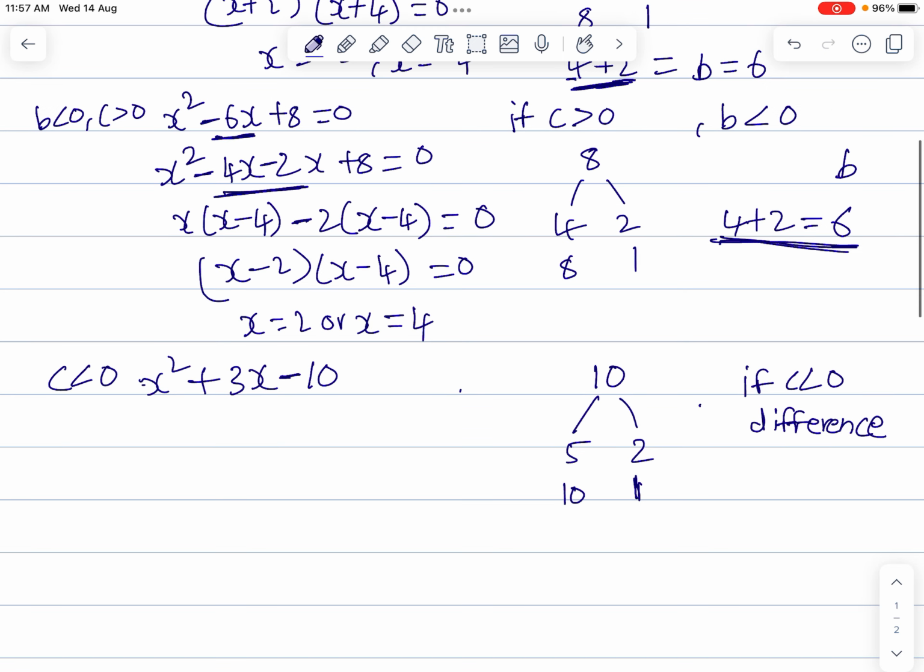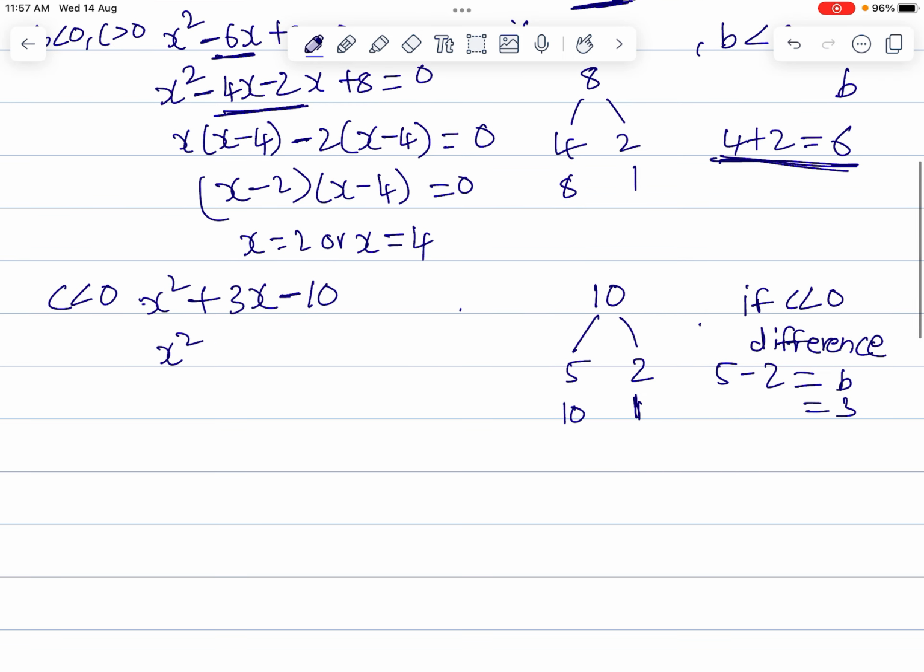The difference 5 minus 2 should be equal to b, which is 3. Now writing 3 as the difference, 5x minus 2x minus 10 equal to 0. Here we have a positive 3x, a positive value of b. Therefore the bigger term will have a positive sign and the smaller term will have a negative sign.